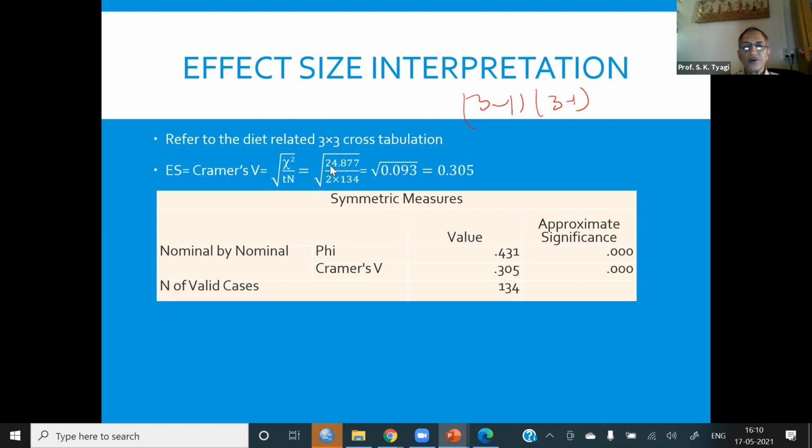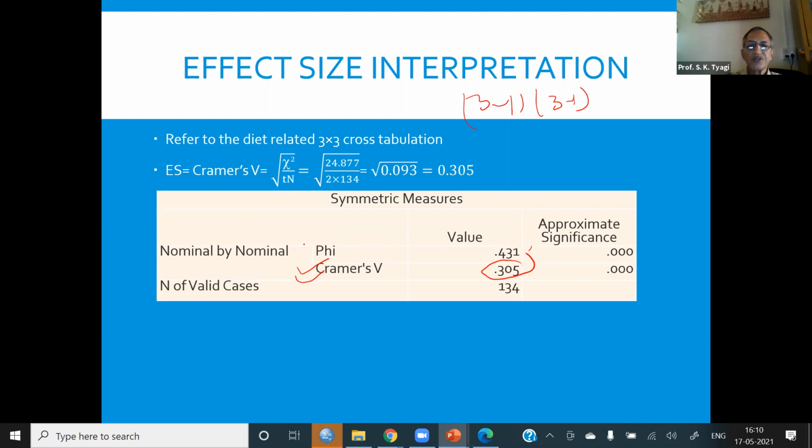So if you simplify, 24.877 divided by 268 is 0.093, under root, or 0.305. But this can also be done by SPSS, Cramer's V. I will tell you how. This is 0.305. But let us see how you interpret it.